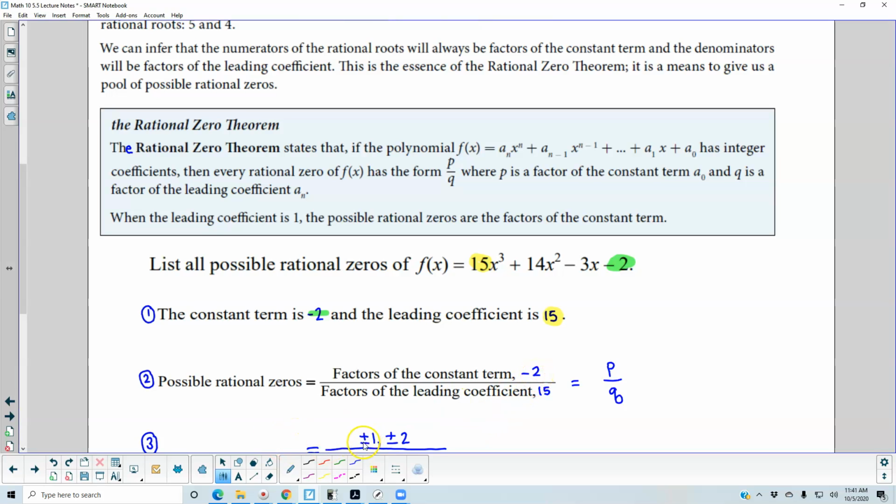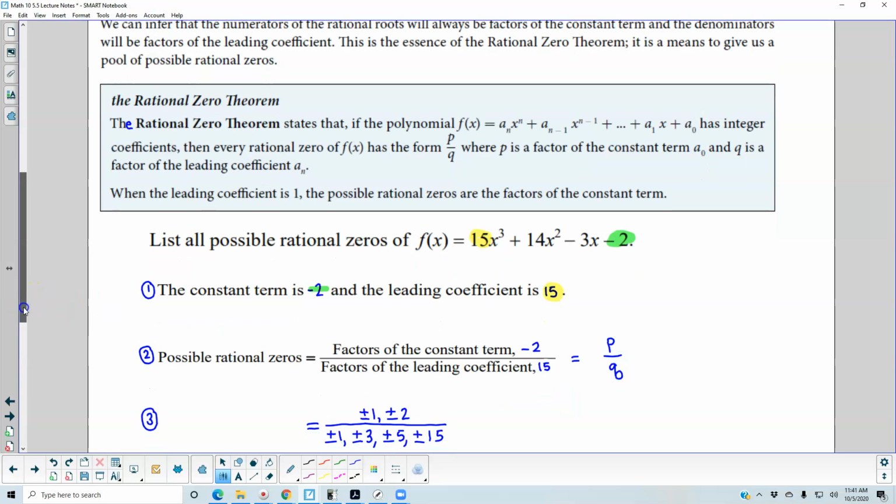So in the numerator, we're going to have plus or minus 1 and plus or minus 2. Now, what are all the factors of the leading coefficient, 15? Well, those are plus or minus 1, plus or minus 3, plus or minus 5, and plus or minus 15. So those are all the factors of the leading coefficient.